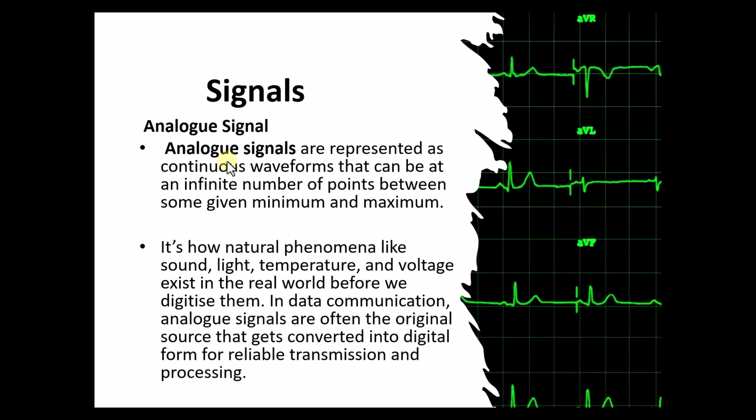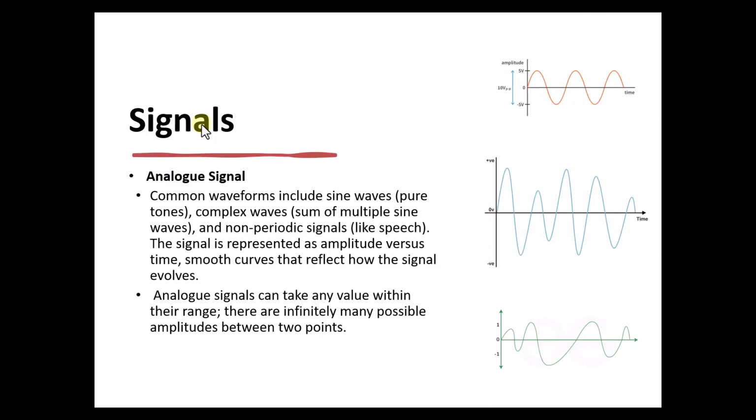We say that analog signals are represented as continuous waveforms that can be at an infinite number of points between some given minimum and maximum. Let's go to the next slide and I'll show you what a waveform looks like. These three here are examples of a waveform.